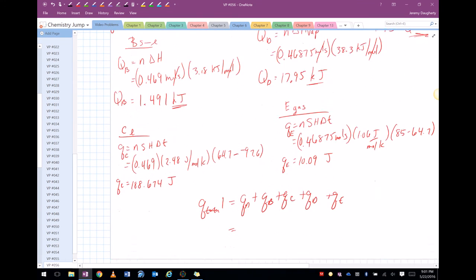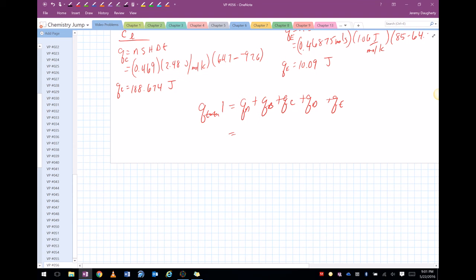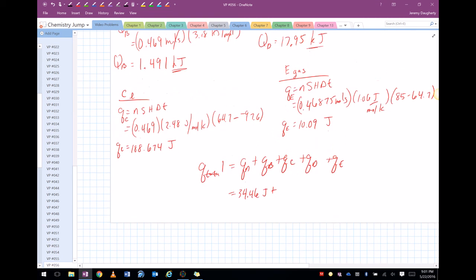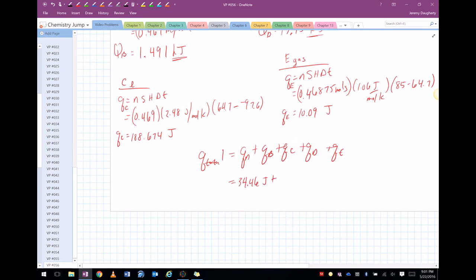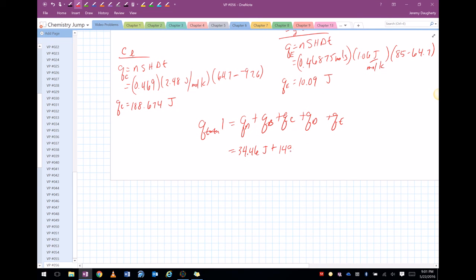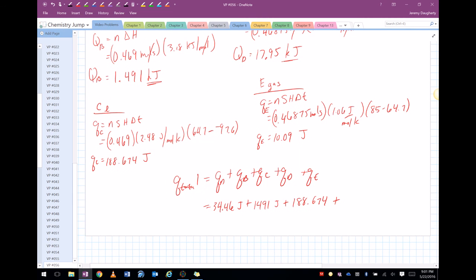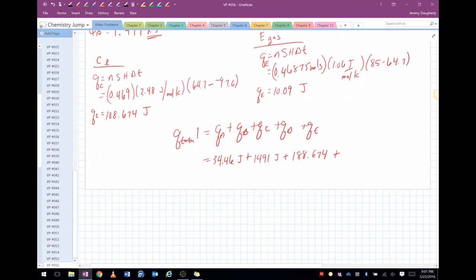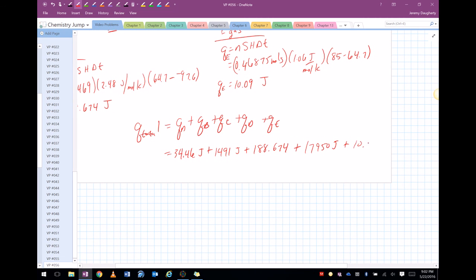We got Q sub A, which is 34.46 joules, plus Q sub B, we'll go ahead and make it in joules, 1,491 joules, plus Q sub C, which is right here, 188.674 joules. A lot of my sig figs are all over the place. I apologize for that. Q sub D, 17,950 joules. Whew, that's a biggie. And Q sub E, which is 10.09 joules.